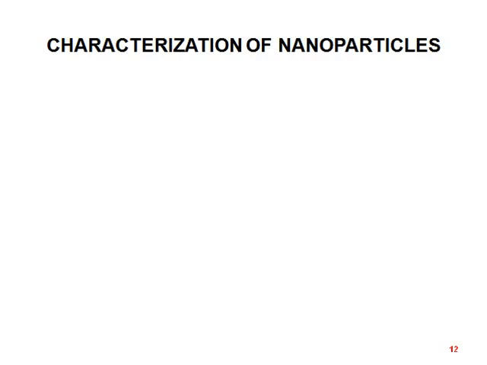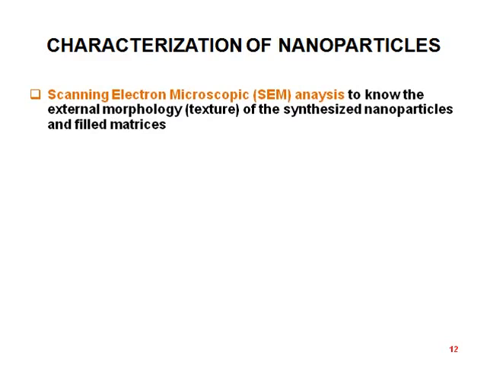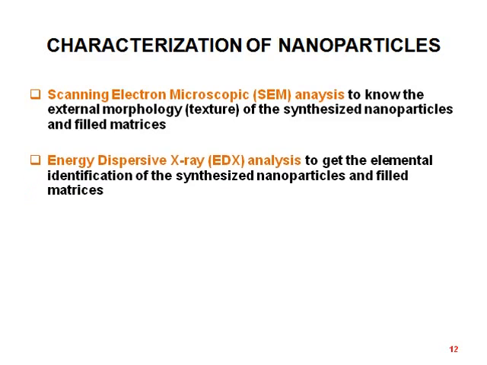Now it was needed to characterize the synthesized nanoparticles. The overall characterization is done in the following ways. First one is scanning electron microscopic analysis to know the external morphology of the synthesized nanoparticles and the filled matrices.